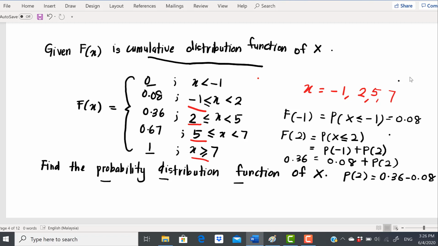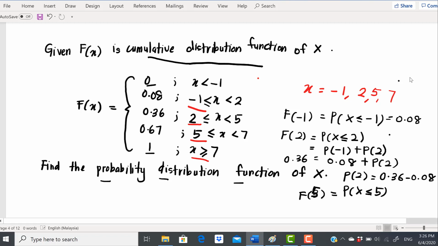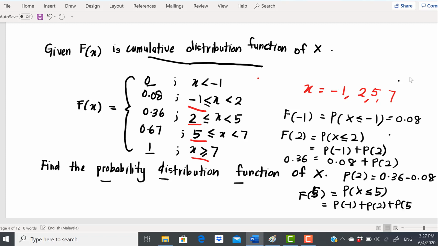Okay, now we go to F5. Sorry, it's not F3. We have -1, 2, and 5. So, your F5 is equal to x less than or equal to 5, or we can say that -1 plus 2 and plus 5.